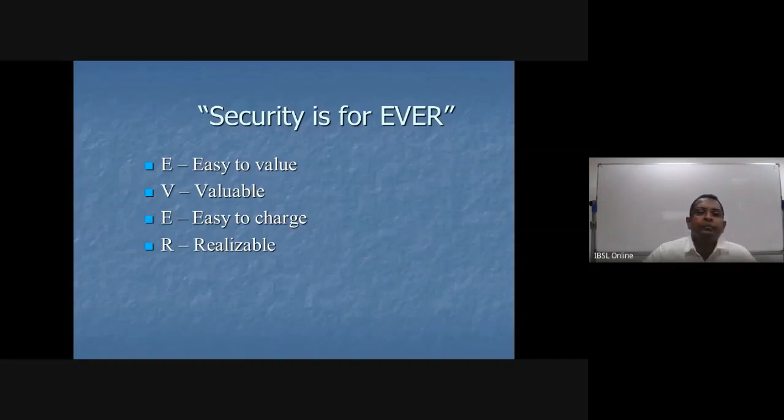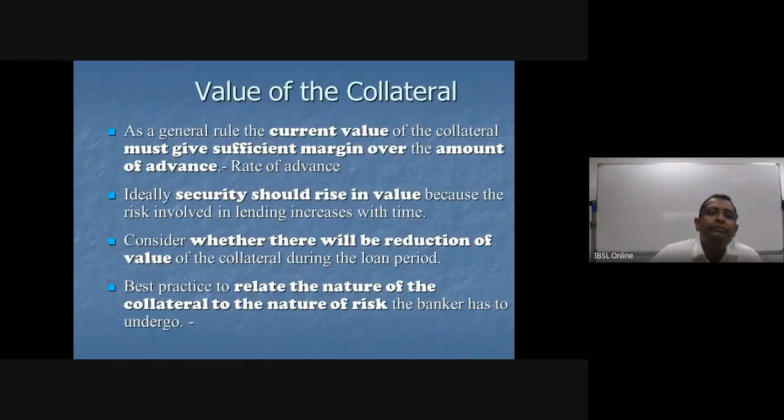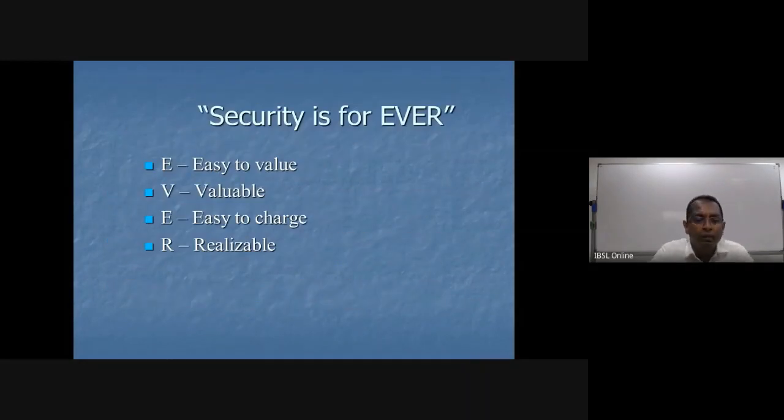Security, security forever. Any security should be easy to value, valuable, easy to charge, and realizable.